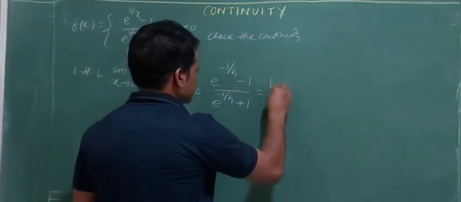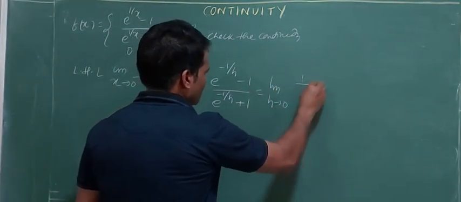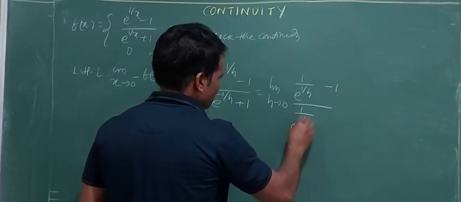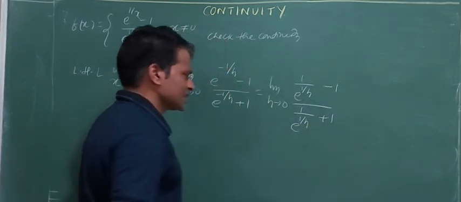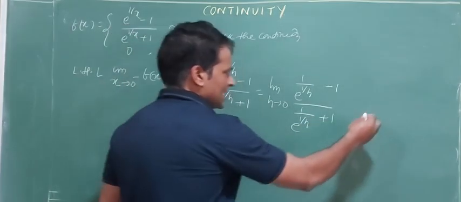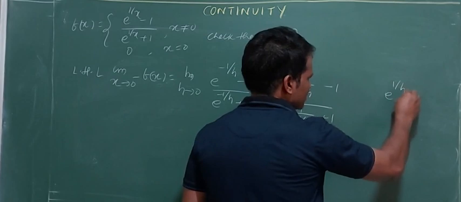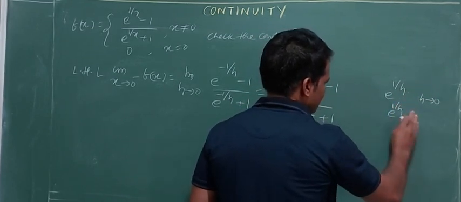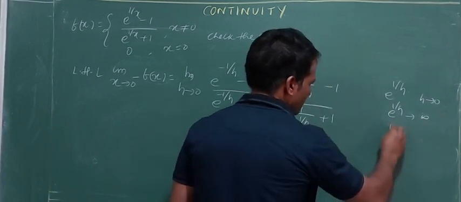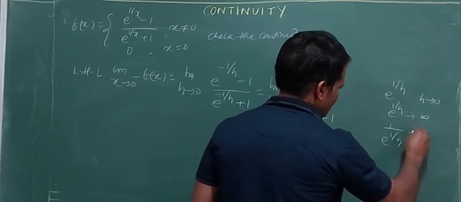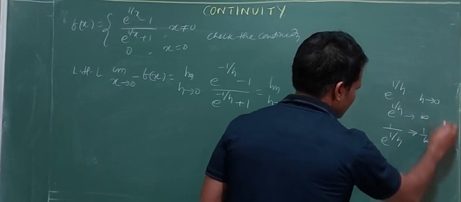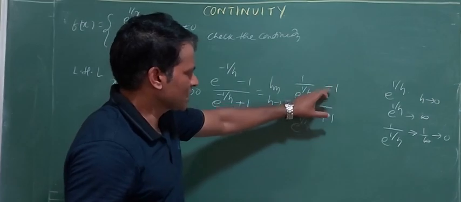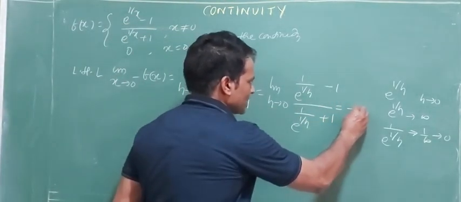So limit h tends to 0, 1 by e to the power 1 by h minus 1, over 1 by e to the power 1 by h plus 1. Don't take the LCM. As h tends to 0, e to the power 1 by h tends to infinity, so 1 by e to the power 1 by h tends to 1 by infinity, which tends to 0. So now you can see this becomes 0, this becomes 0. It is minus 1 by 1, that gives you minus 1.